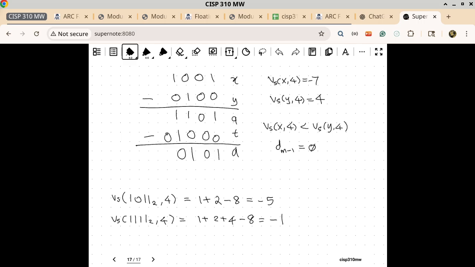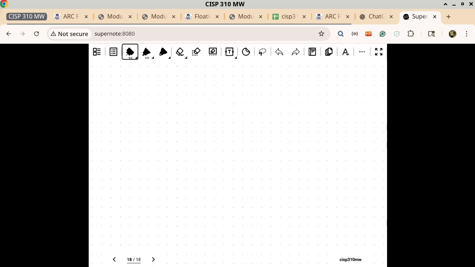So now we have a few things. Let me continue to use super note here. We made a few observations. The first observation is if there is no overflow, d subscript m minus 1, which is the sign bit of the difference, is a 1 if and only if vsxm is less than vsym. That part we have established, because that's just algebra.